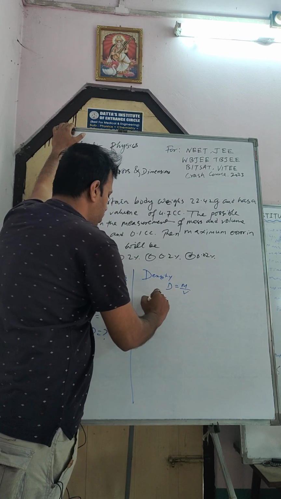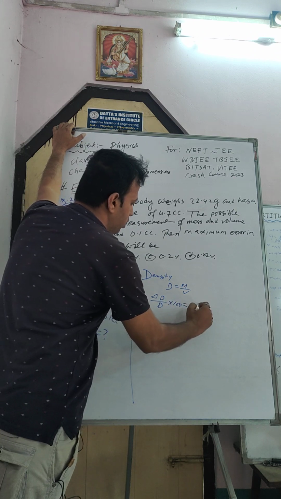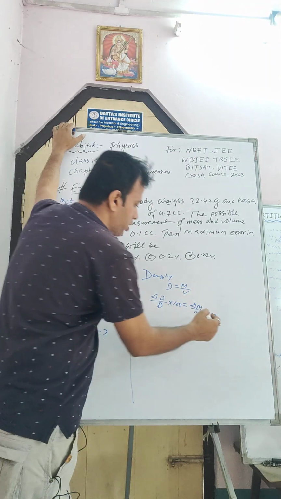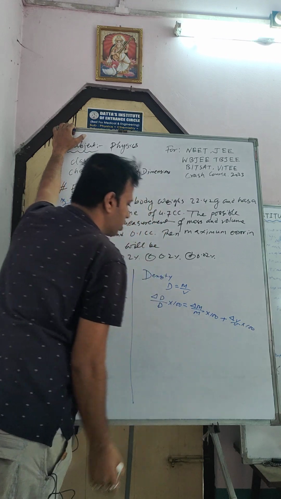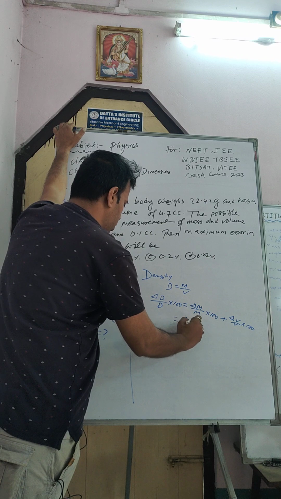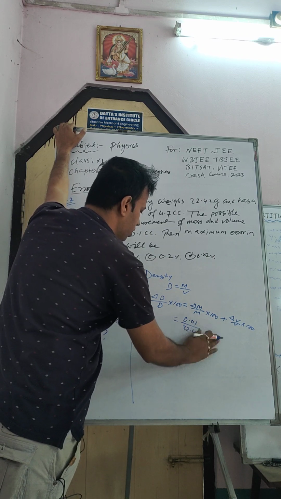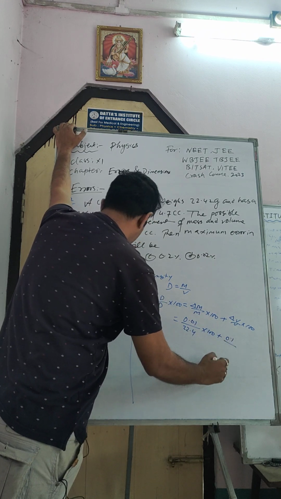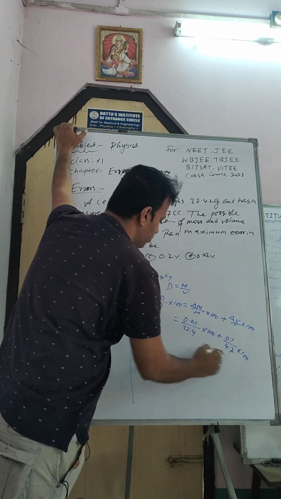Okay, so del D by D, if we write it multiplied by 100, it will be del M by M into 100 plus del V by V into 100. I am multiplying by 100. Now if you put the values here, that is 0.01 by 22.4 into 100, and del V is 0.1 by 4.7 into 100.